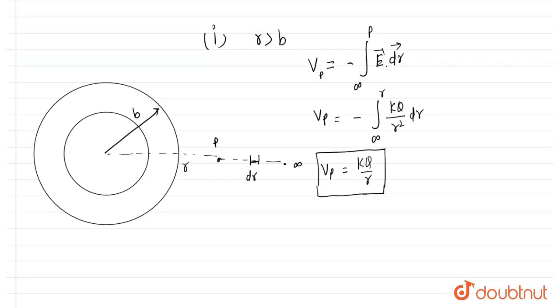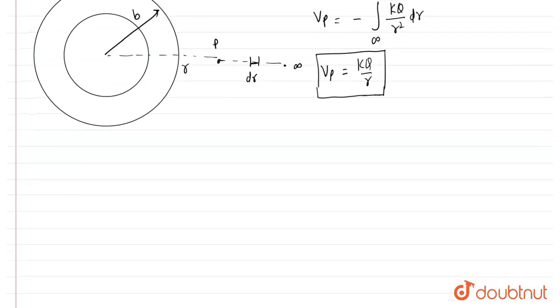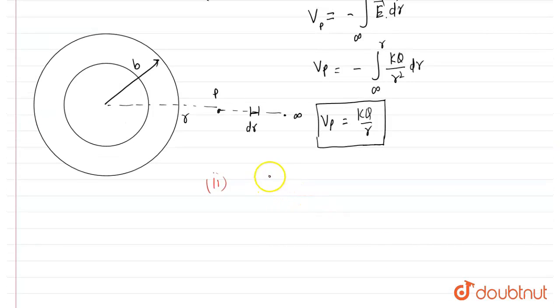Now for the second condition, when r is less than b and greater than a. Let's assume that point P is here, and the distance is r.